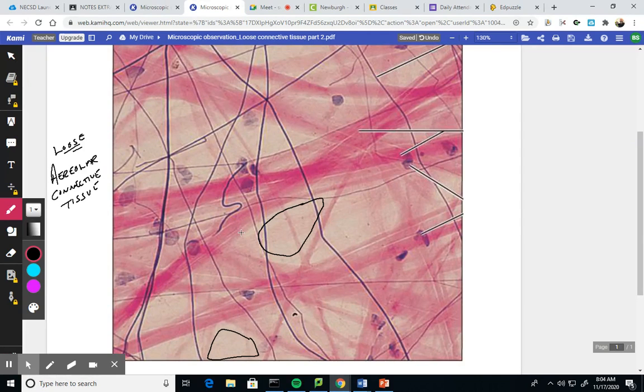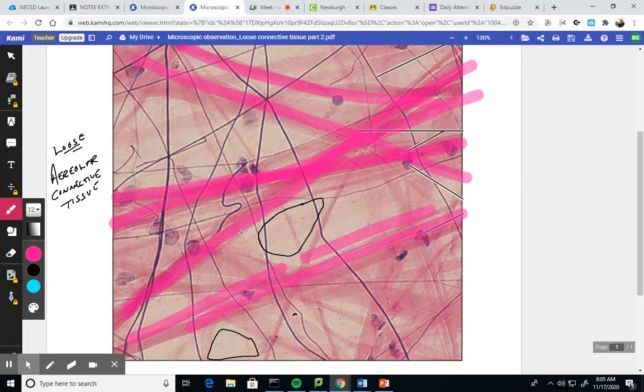And another giveaway here is I can clearly see these thick collagen fibers. Remember, collagen fibers provide strength.